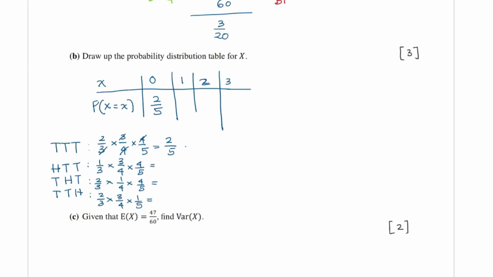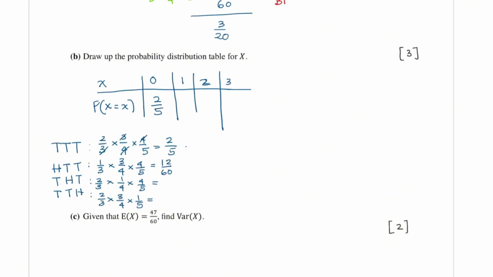Okay, and you just have to compute everything. You should be having here 12 over 60. You are going to add it with 8 over 60 and also 6 over 60. So altogether, the probability of you getting x equals 1 is 26 over 60. What is the probability of you getting 2 heads?